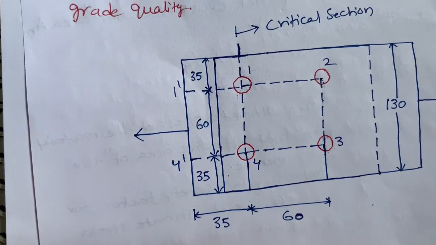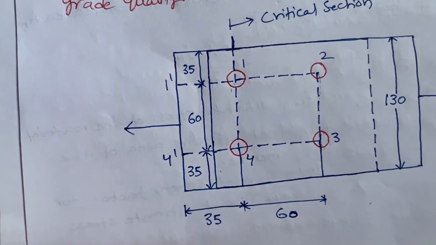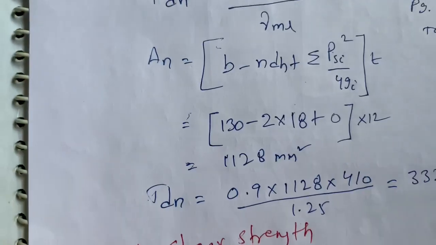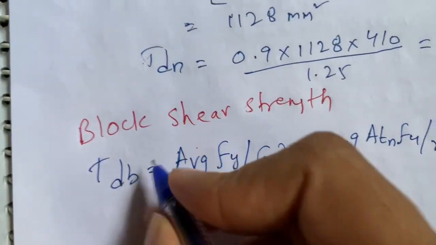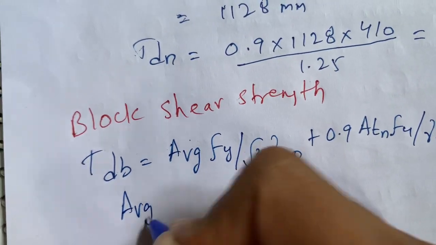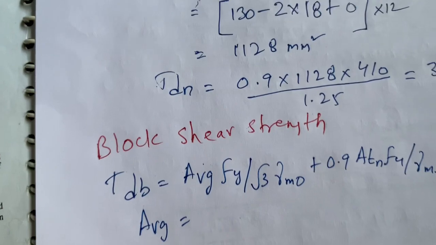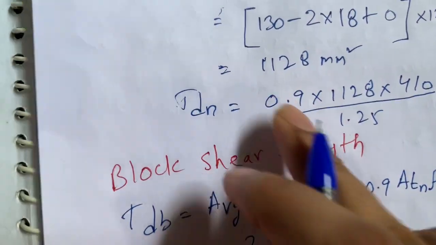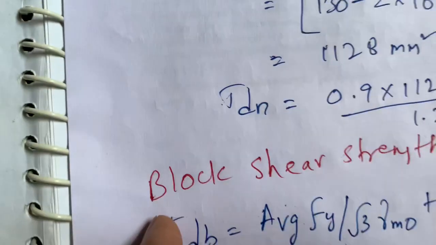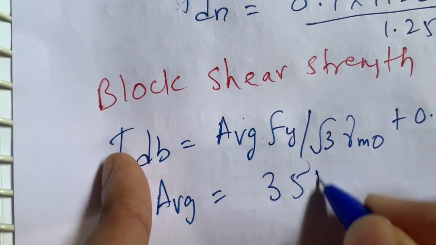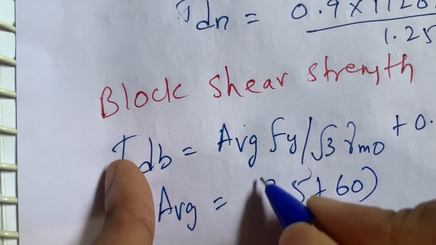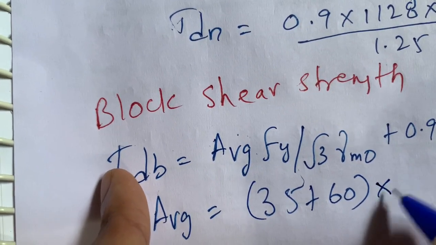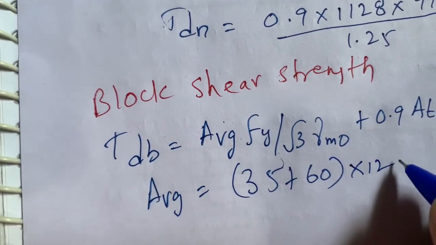First we are going to calculate Avg. So Avg equal to area, which is 35 plus 60, into 12, into 2.